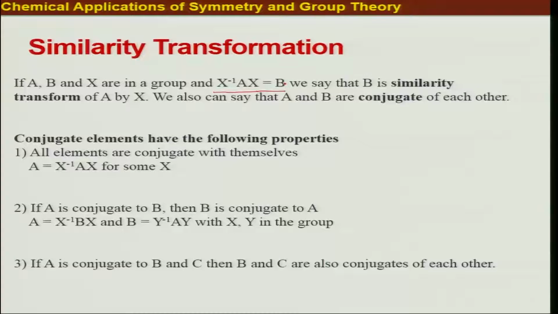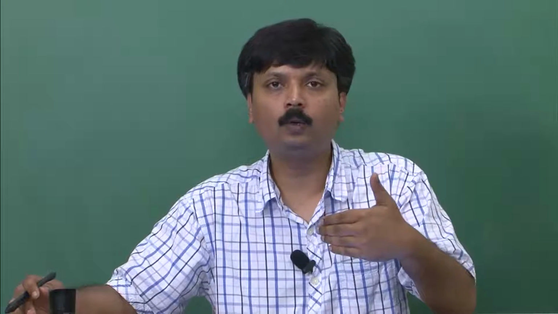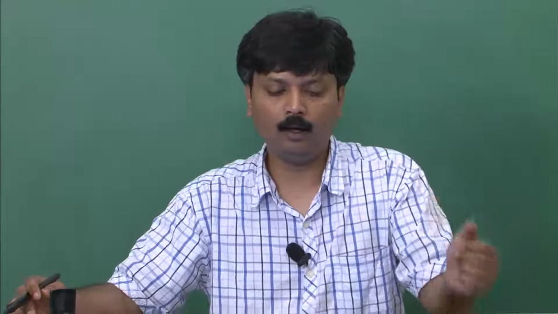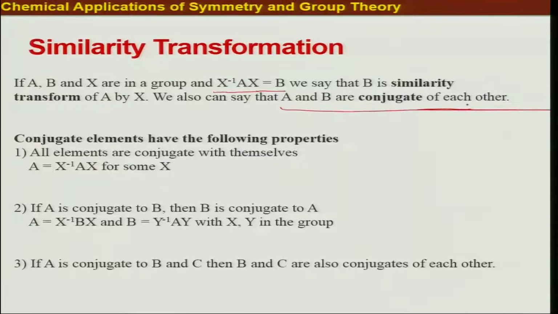Then we say that B is the similarity transform of A by X. Similarly, if we have another element Y belonging to that group such that Y inverse B Y equals A, then again B and A are similarity transforms of each other. When two elements of a group are related through a similarity transformation, we call them conjugates of each other. So here A and B are conjugate of each other because they are related through similarity transformation.